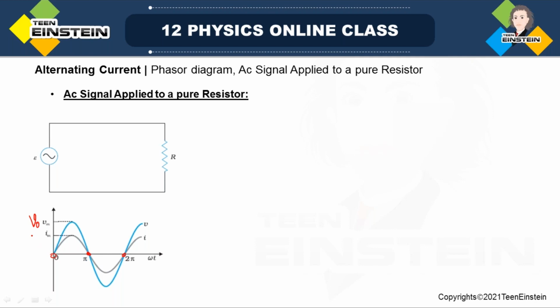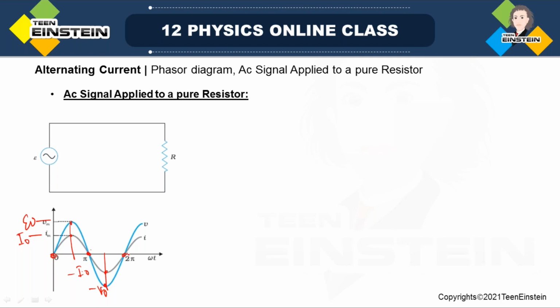I'll write E0 instead of V0, the EMF. This is the I0. Both are in the same phase, so their maxima and minima are at the same position. This is the minimum position, minus V0, and here minus I0.